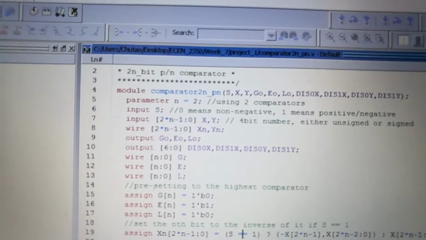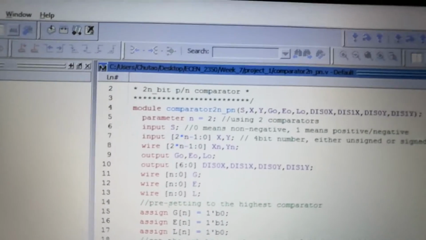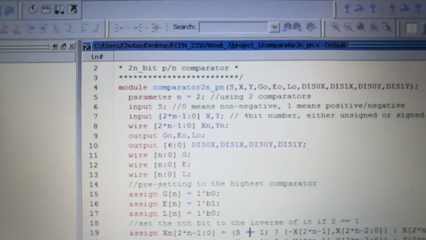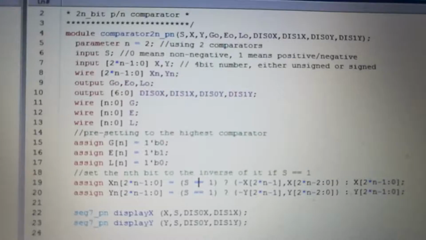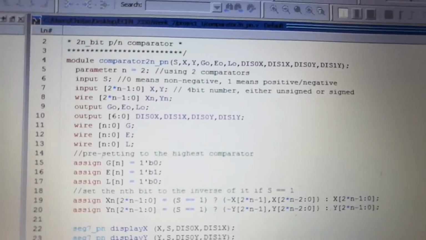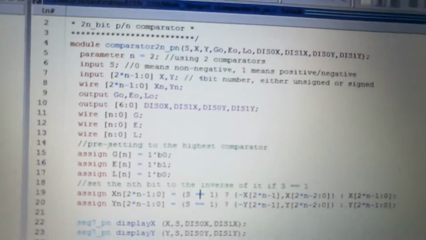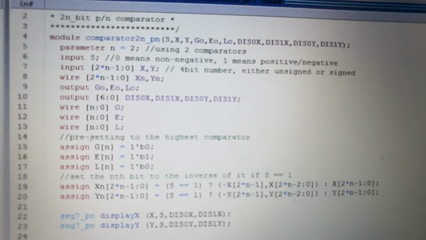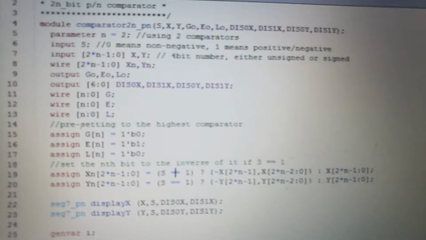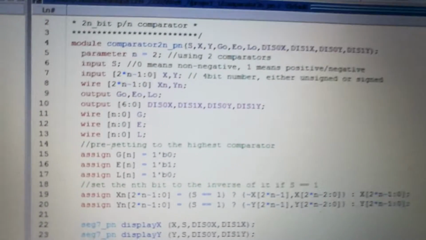If you're comparing signed numbers, you always want to flip the first bit in order to compare it. I drew the K-map for it, and I verified it by testing it on my DE0 board, and it works out. It turns out to work so well.